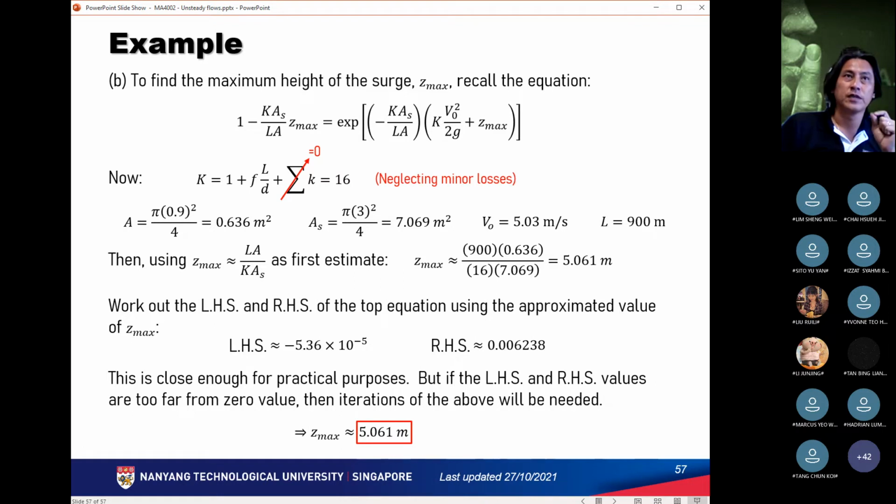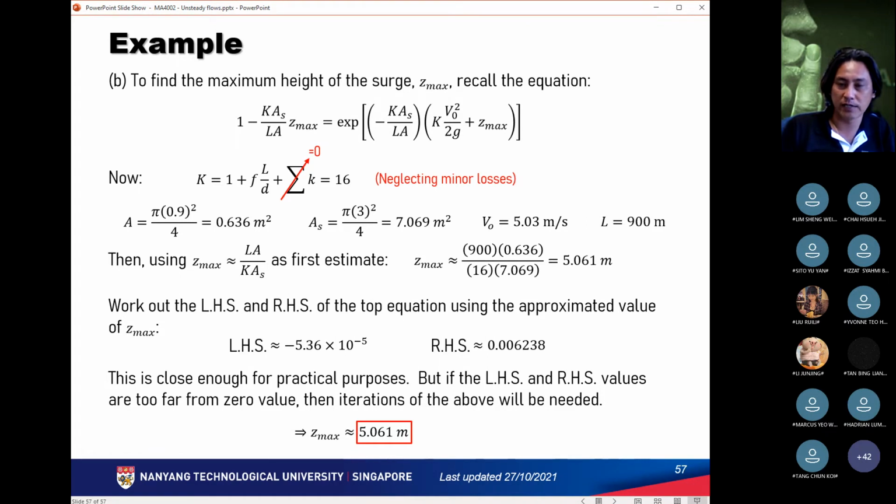But for practical purposes, very often this first estimate is good enough, because if you think about it, do engineers just take this value and design a pipe that is, let's say, 5.061 and take it as it is? No, right? When it comes down to engineering, we know that there are a lot of things that we can't really account for. So we multiply this Zmax by a safety factor, let's say 2 or 1.5, depending on how comfortable you are. There are so many unknowns in the pipeline.